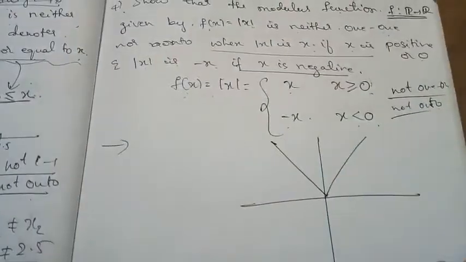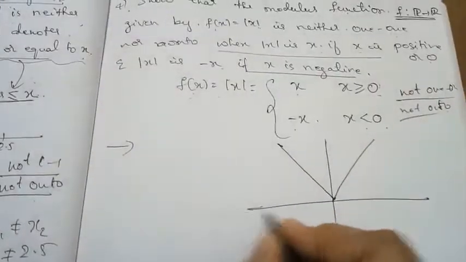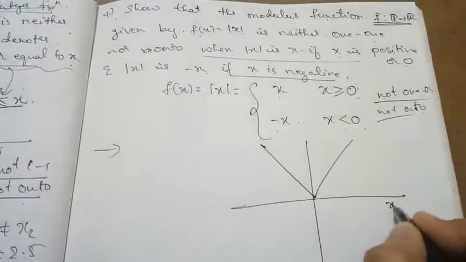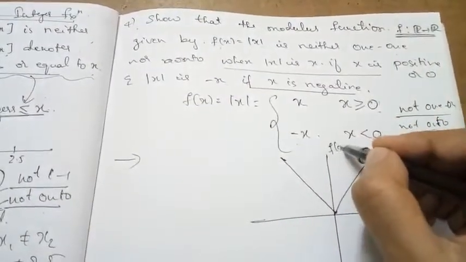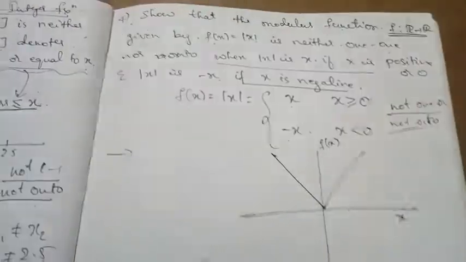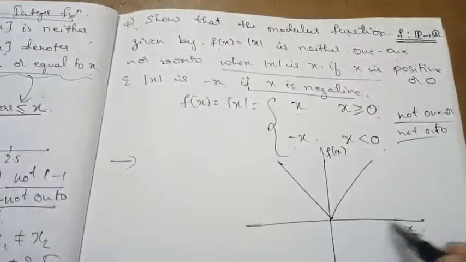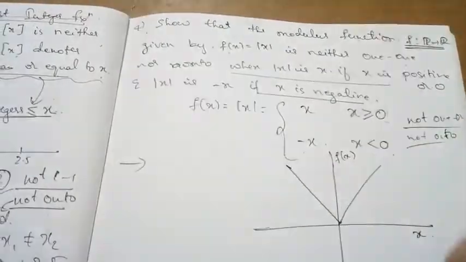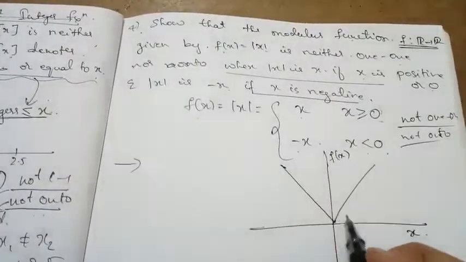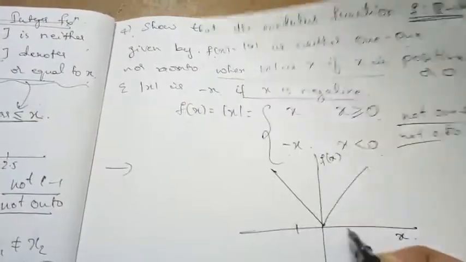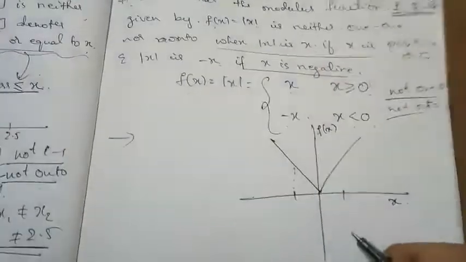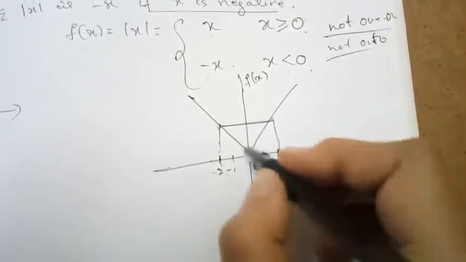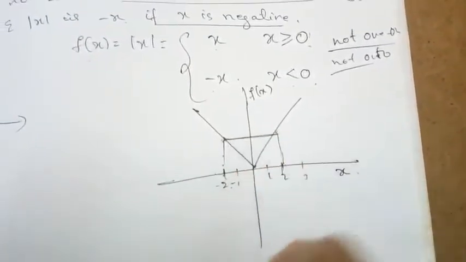By looking at the graph itself, you can clearly understand that our x-axis is our domain and the y-axis is our codomain. This is also the set of real numbers, and this is also the set of real numbers. You can see here clearly, for two different values, that is -2 and +2, we get the same value.